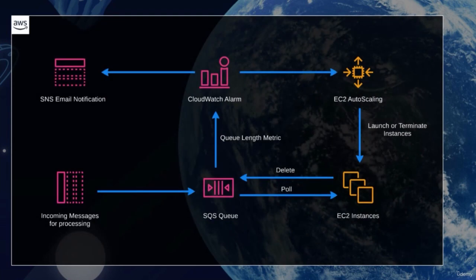What we can do is set up a CloudWatch metric, and that will alert us with an SNS email notification that our SQS queue is continuing to grow and that we need to investigate that further.